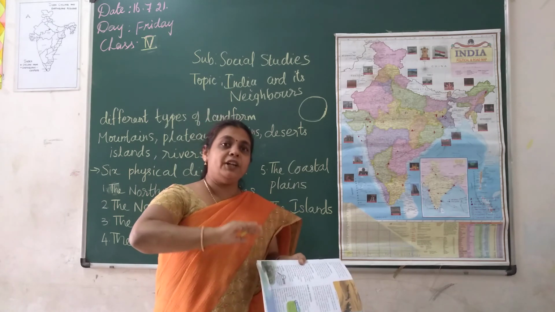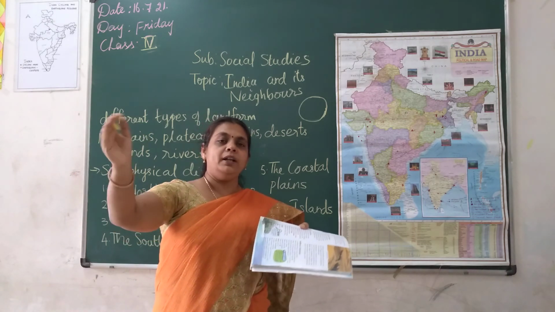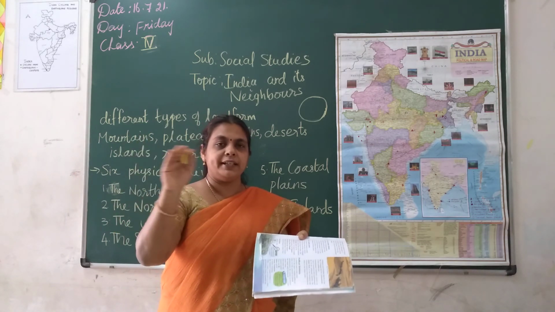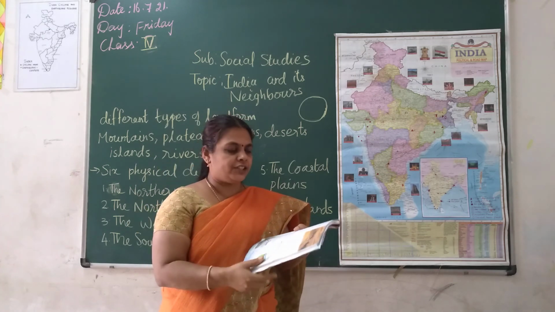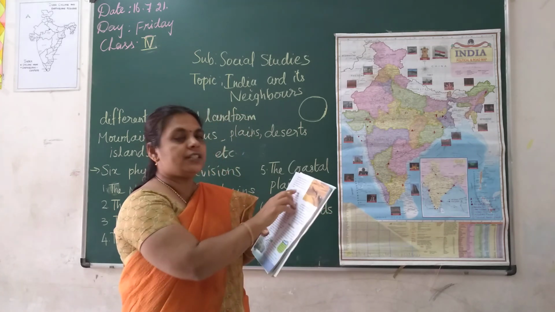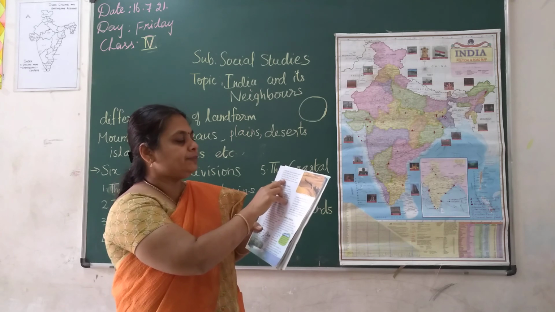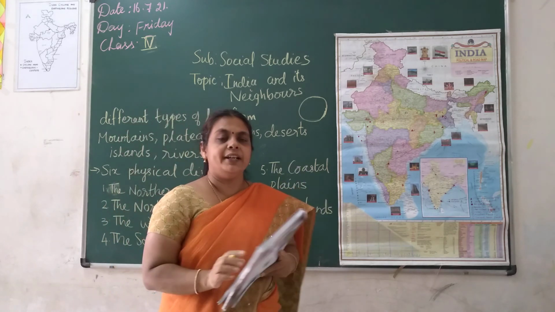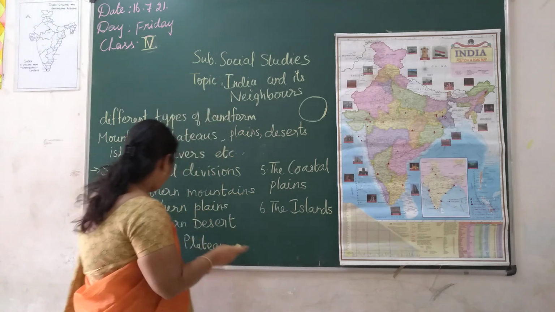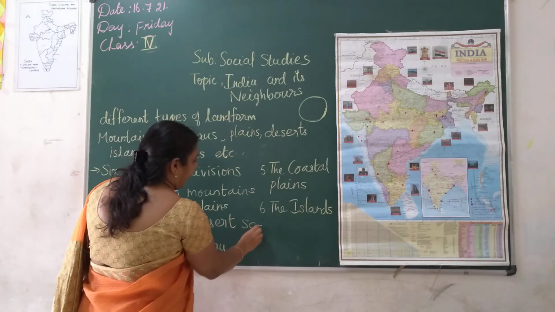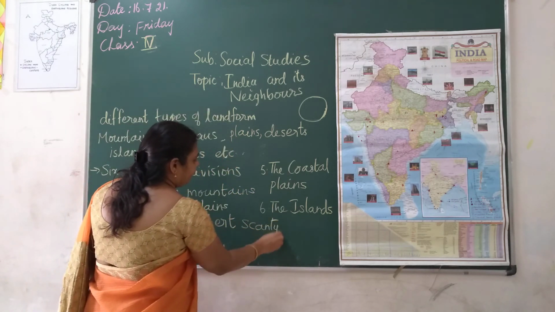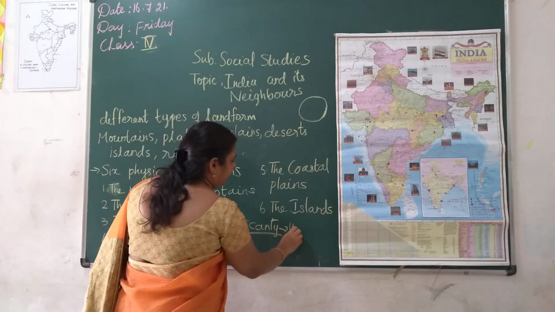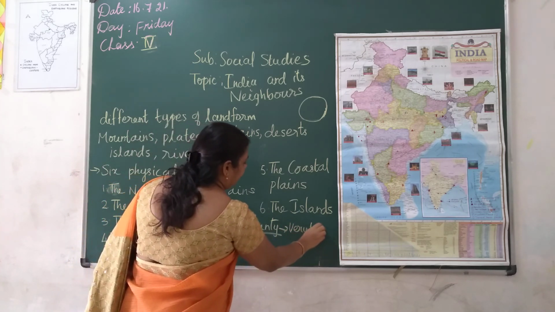The sand makes small hills or mountains. Most of the region is covered by sand, and it receives very little rainfall. They have used the word scanty, which means very less.